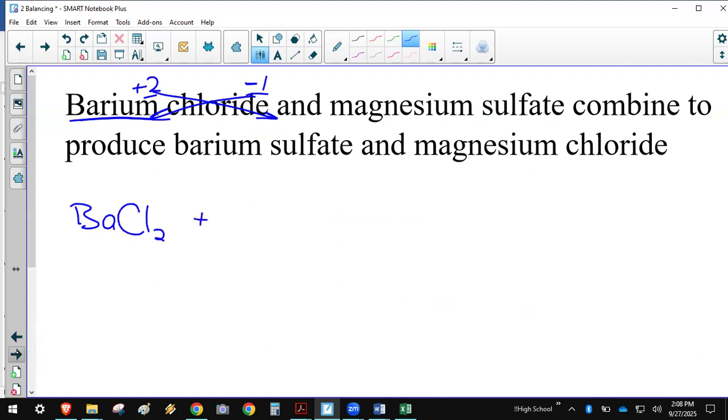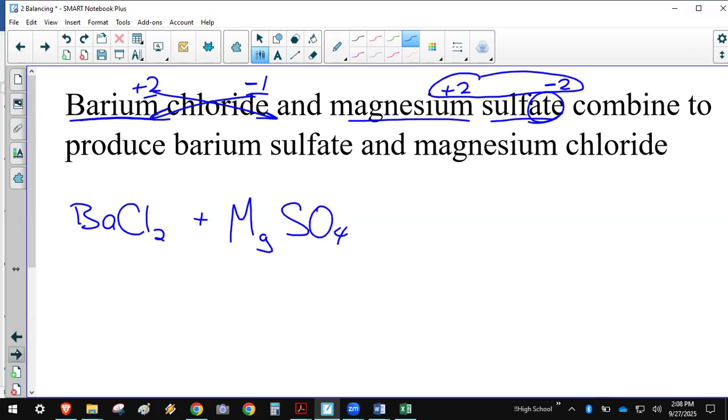So magnesium, once again, is a positive 2, and sulfate is a negative 2. So magnesium's a metal, therefore it's going to be an ionic compound. Sulfate's a polyatomic ion, and I know because it ends in -ate. So when I put them on there, I've got MgSO4, and I don't have to crisscross charges because they're both 2.